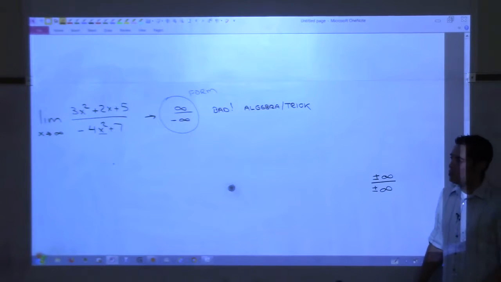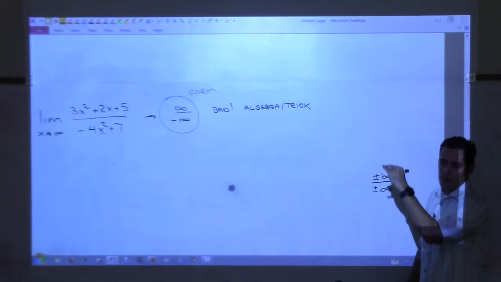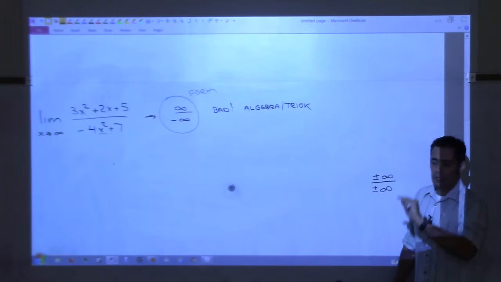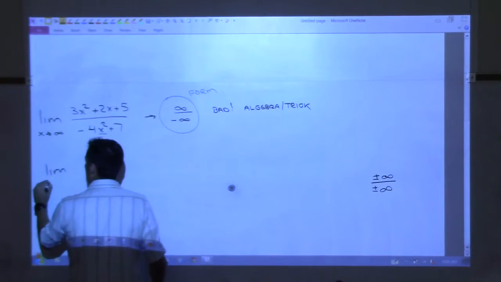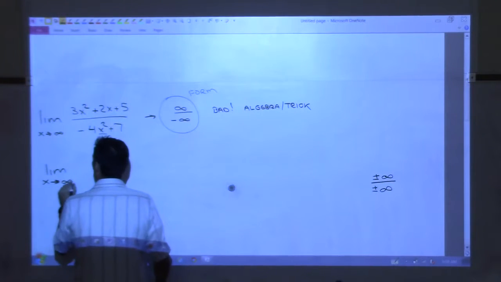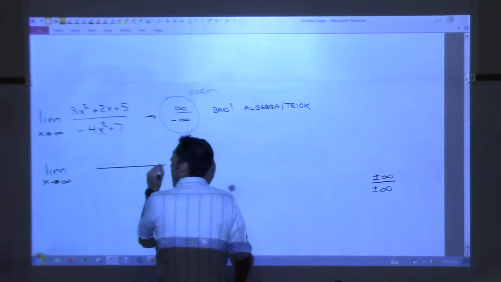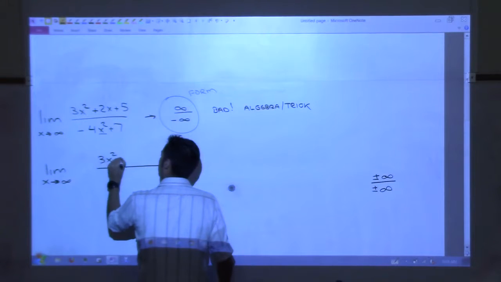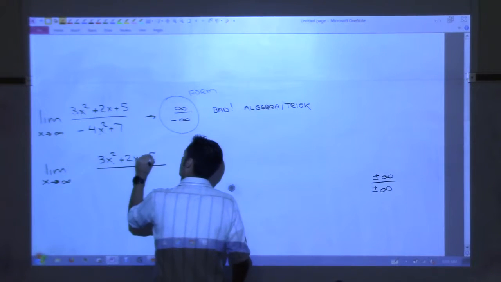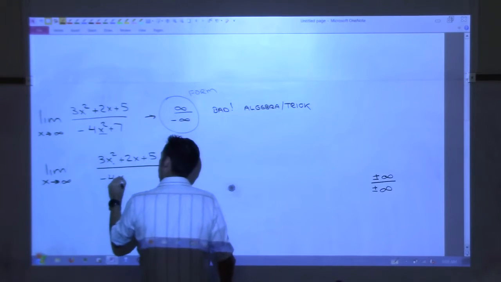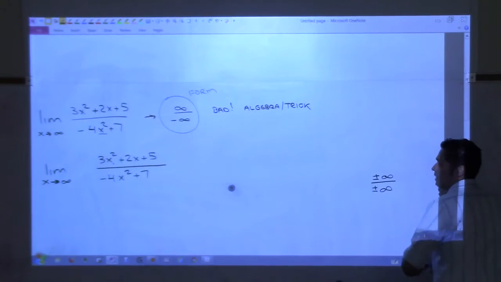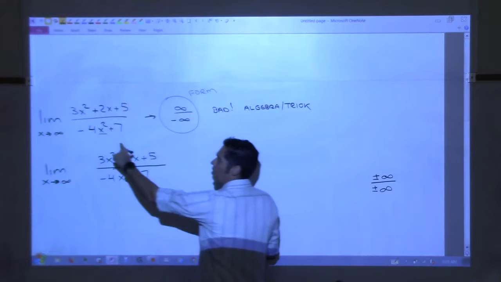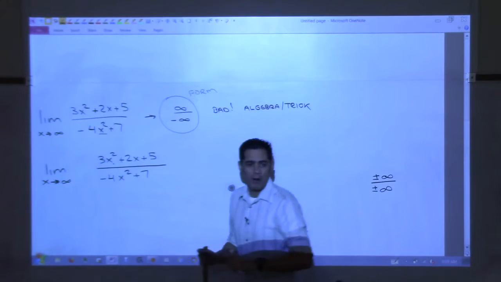And what we're going to do is multiply the top and bottom of this fraction by 1. But the way I choose this 1 is going to be very clever. And I'm going to put it in a different color so you can see where I'm inserting the 1. Let me rewrite everything first. Okay, so the 1 that I'm choosing is based upon the highest power of x that I see here, which was x squared, right?